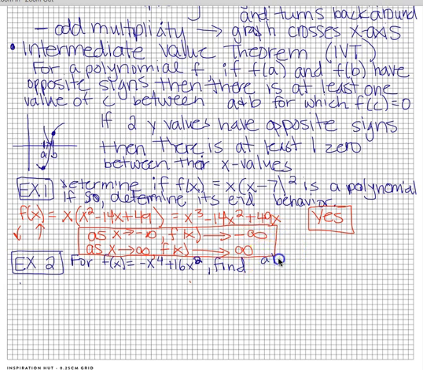First, end behavior, just like we did on the last one. Second, we are going to find the x-intercepts or zeros with their multiplicity and behavior.